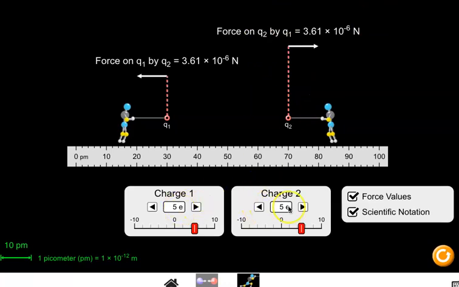When they both have positive 5, you'll notice that the charges are repelling each other, and the forces are acting away from each other. That has to do with the two positive charges repelling. If I change this, now recognize the number, 3.61 times 10 to the negative 6th.